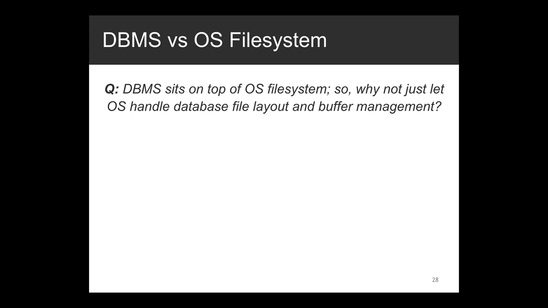If you have a SATA hard disk and then you have your Linux file systems, a DBMS that's implemented on top will use the same file system as all your other applications. So why not just let the OS handle the database files? Why not just reuse the operating system's buffer management or memory cache management?